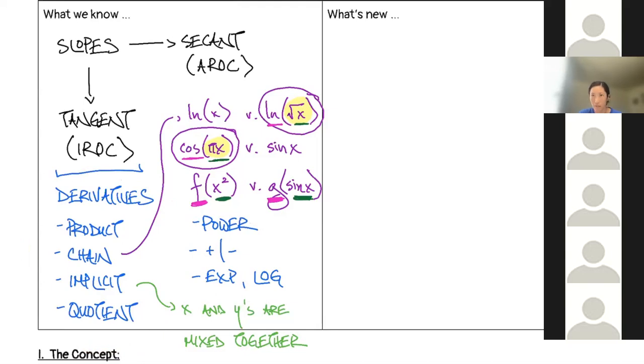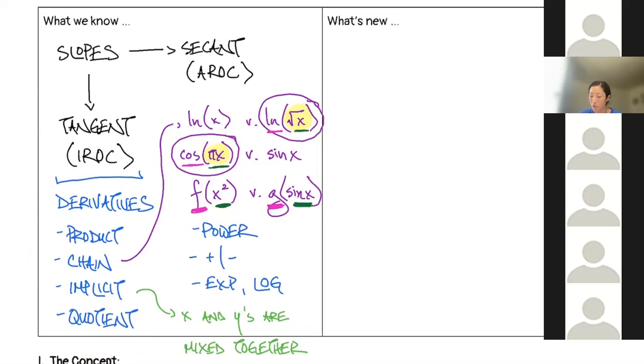So what's new? All right, so we spent the whole first half of this talking about slopes. And what we're about to embark on is we're going to actually start to look at area. Okay. And area is also going to have a major glow up, just like slopes did.